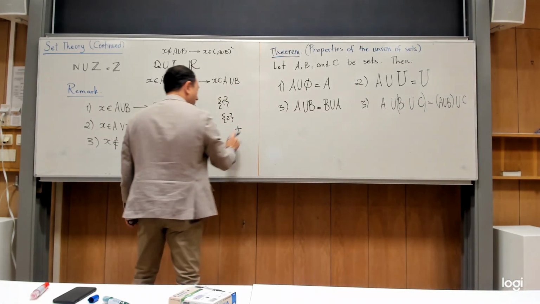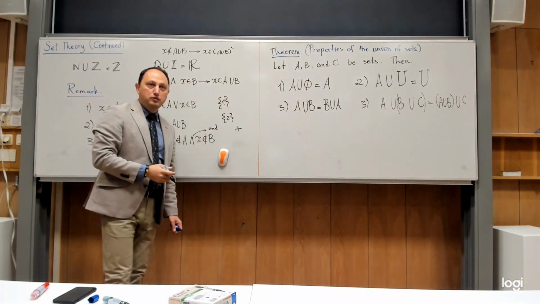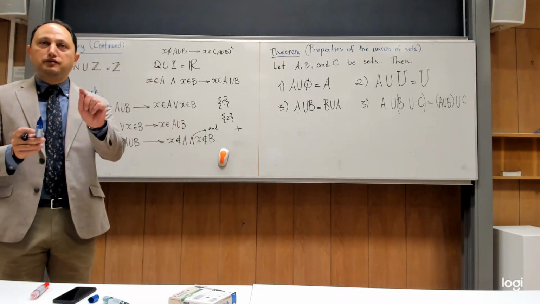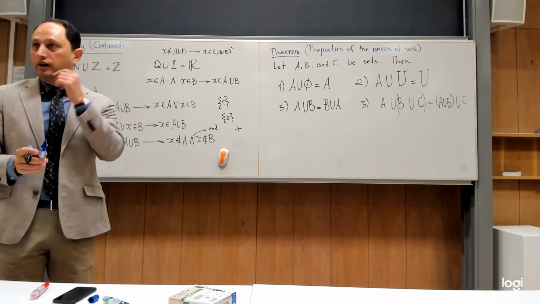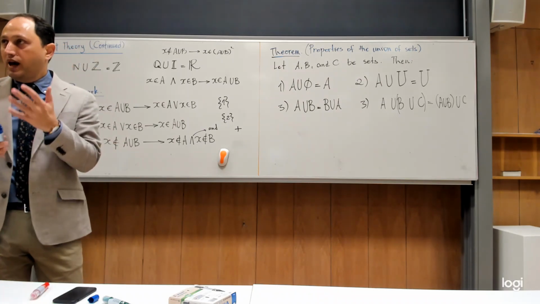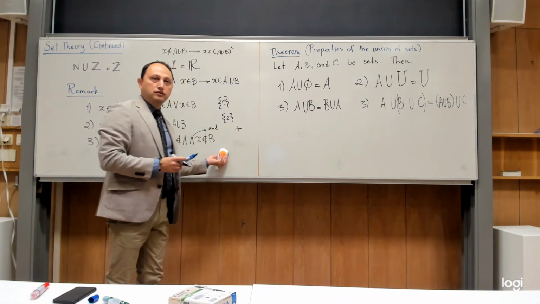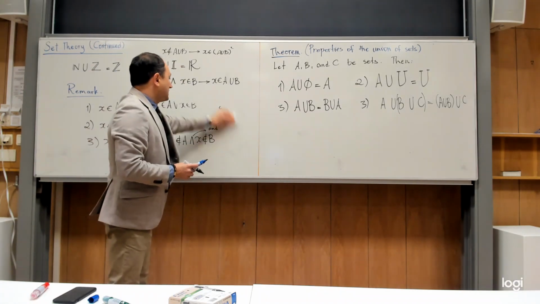Let me tell you something. Is addition with numbers that you learn in primary school commutative? Yes, because it doesn't matter if I add 2 with 3 or 3 with 2. The answer would be 5. So addition is also commutative. Is addition associative?